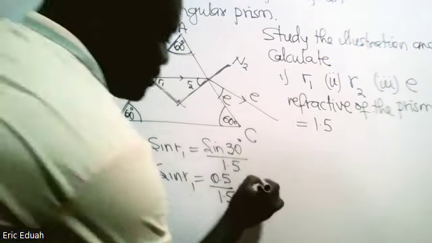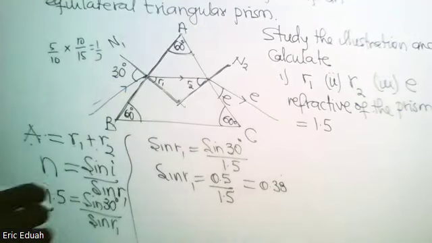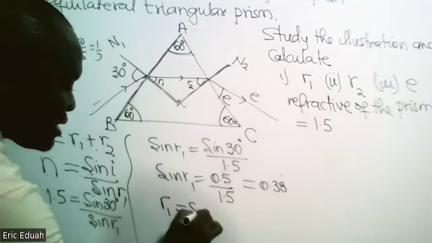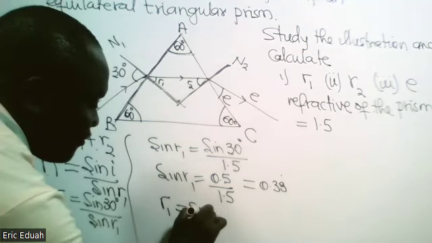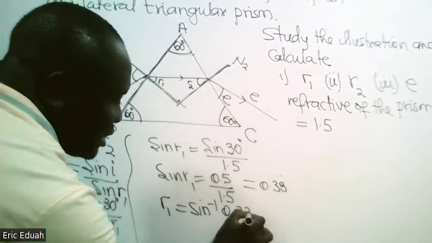So 0.333333, that recurring one. Therefore, R1 is equal to the sine inverse of 0.3333.